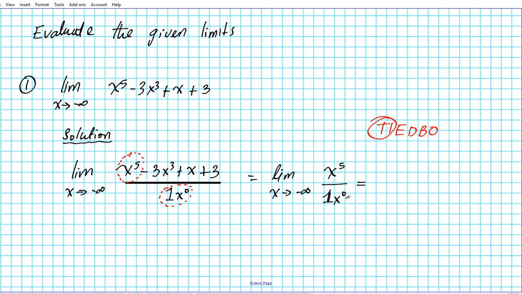X to the 0 is 1, so we don't have to bother with that. We're just going to take a look at negative infinity raised to the fifth power divided by 1, because x to the 0 is 1. Now remember, this is an odd function, so if you raise negative infinity to the odd power, the sign remains. You're going to have negative infinity as your final answer.